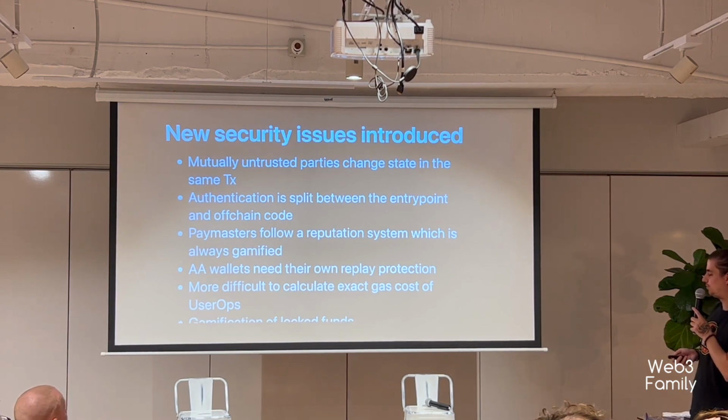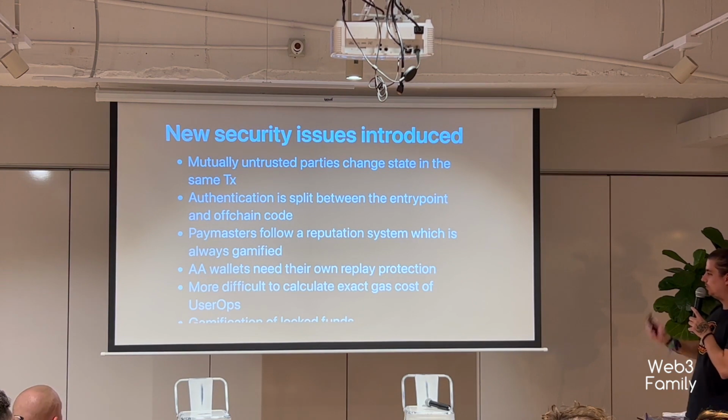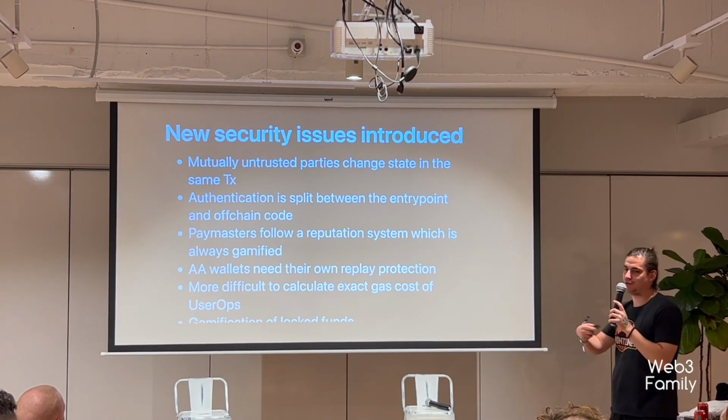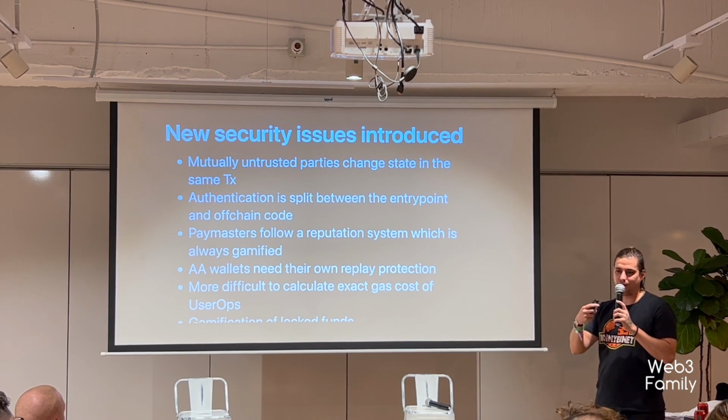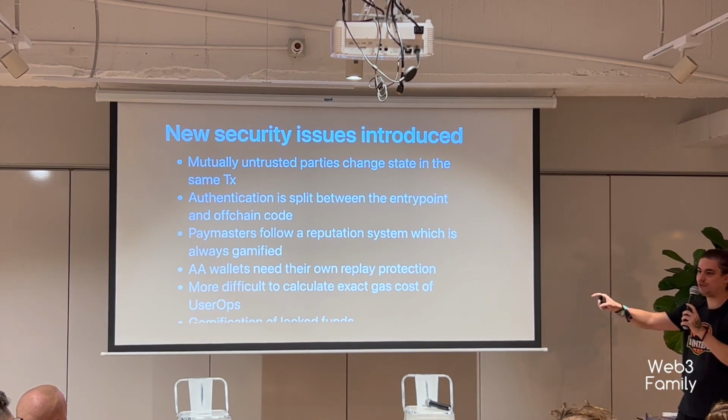Third, account abstracted wallets need their own replay protection. I mean, MetaMask already has the warnings for nonces and stuff, but here you need to be a little more careful about that. You can't really calculate gas cost for your transaction prior because you are not the one actually making the transaction at the very end.